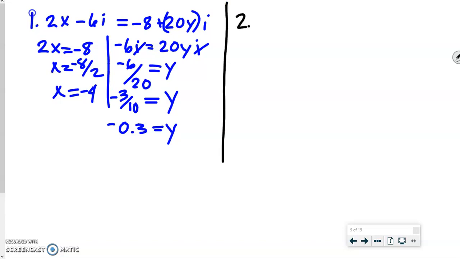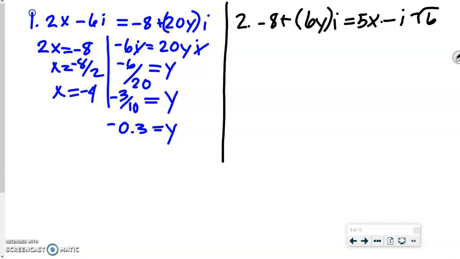So this one was -8 plus 6yi is equal to 5x minus i square root of 6.